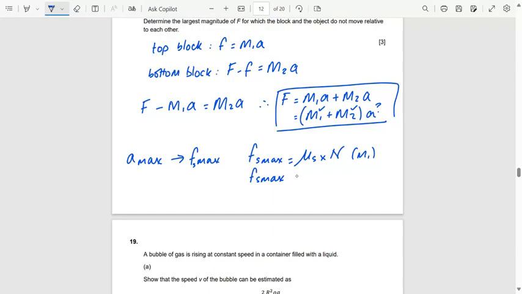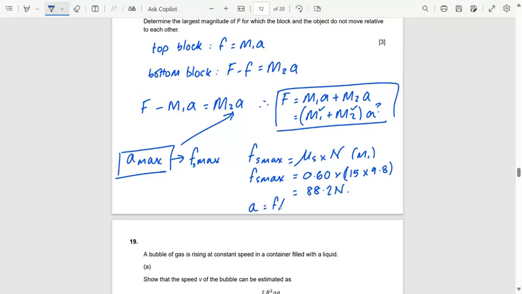So the maximum static friction, this is to calculate A. Okay, so we're trying to calculate A. We can then sub in the masses and find the overall force. So we've got 0.60 as the static friction coefficient, multiplied by 15 kilograms multiplied by gravitational field strength, and that equals 88.2 newtons.